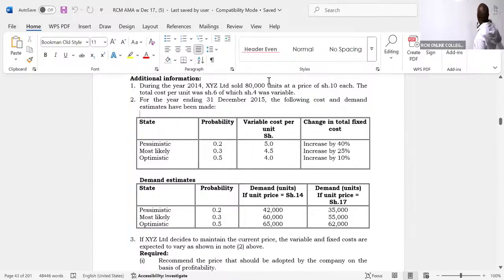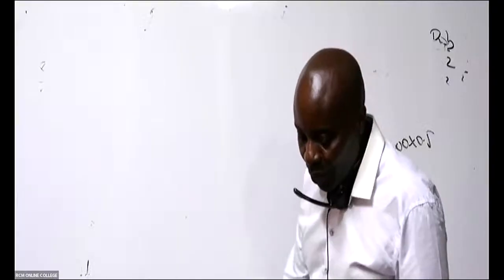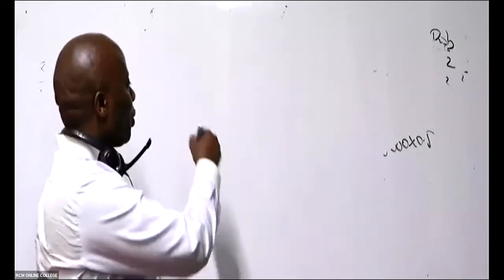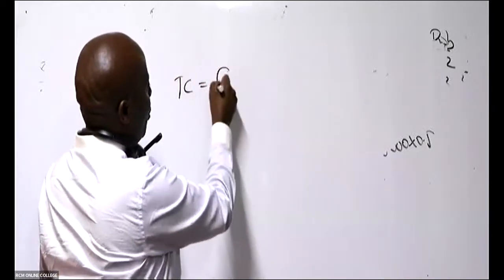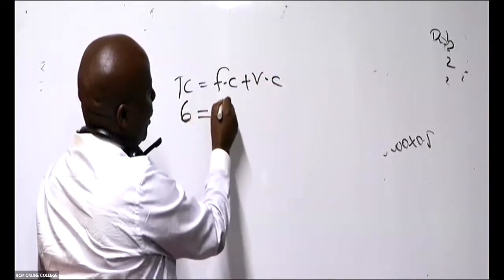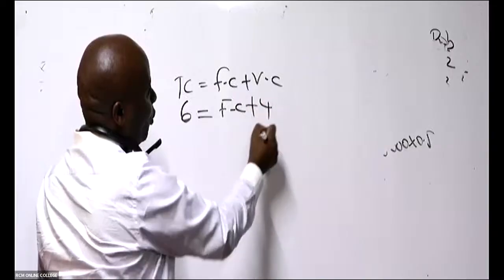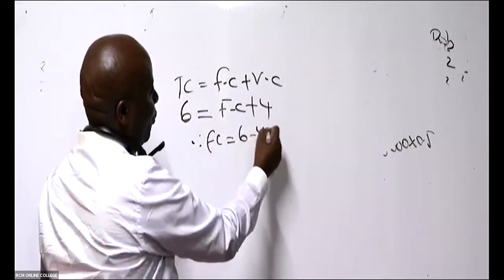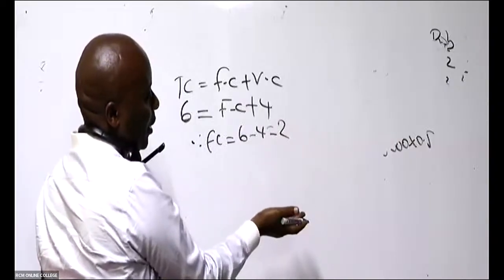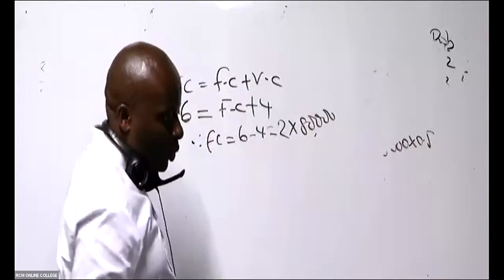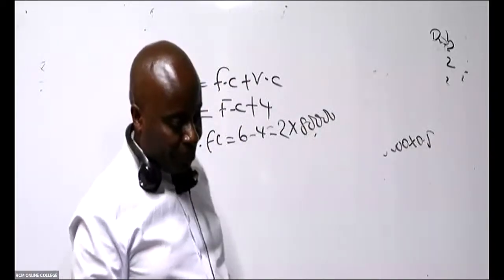If you look at this, we know that our total cost is fixed cost plus what here? Variable cost. Fixed cost we don't have. They have told us variable cost is 4. Therefore, fixed cost will be 6 minus 4, 2 per unit. So times the current production to get total fixed cost.